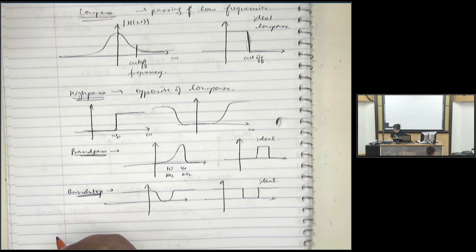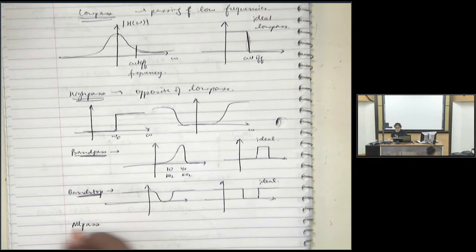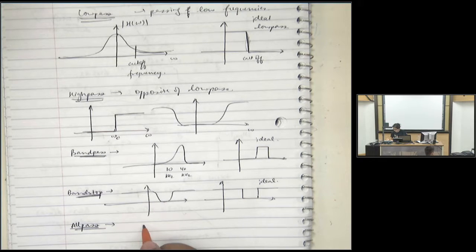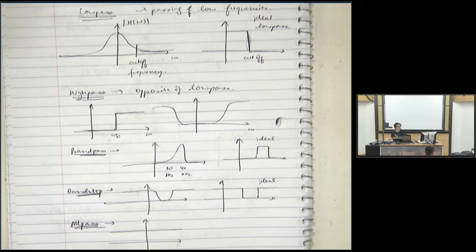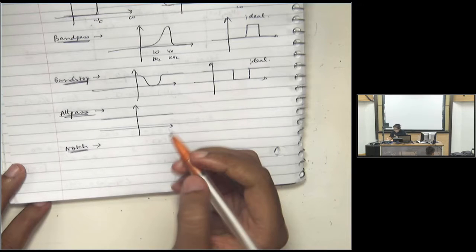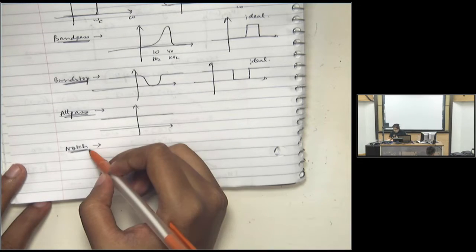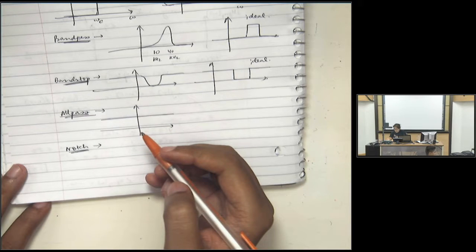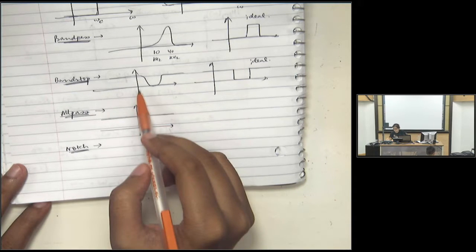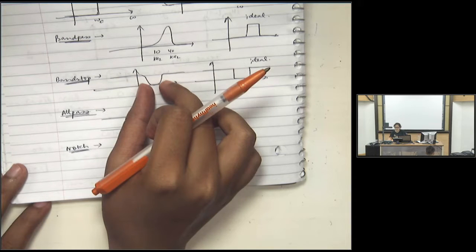So now all pass. Evident from the name, it just passes all the frequencies. So it has a flat response for all frequencies. Okay. And now I come to the notch filter. You can think of a notch filter as a band stop, but only for a single frequency. With band stop, you're filtering out frequencies in a particular range, like 10 to 40 kilohertz.